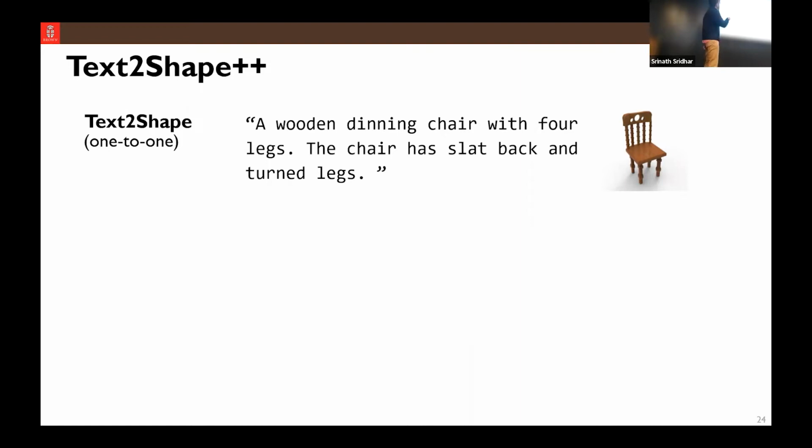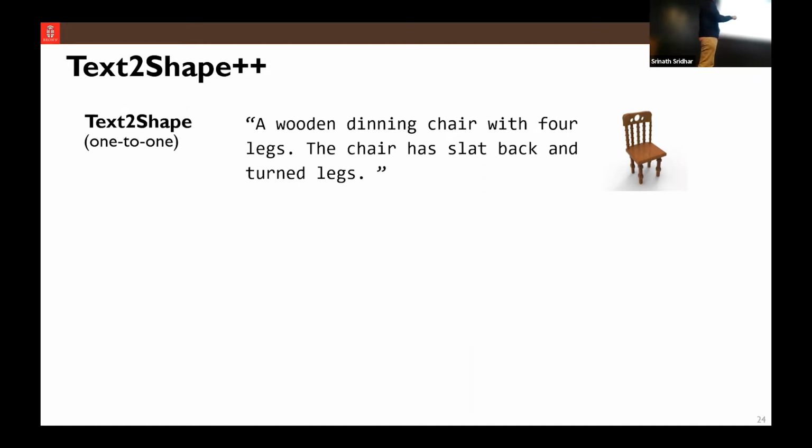We took the text-to-shape data set, which is a one-to-one mapping between text prompts and shapes. I probably don't have time to go into the details, but I'm happy to discuss this later. We use some NLP tools, particularly constituency parsing, where we take this really long sentence that describes this particular shape in the text-to-shape data set.